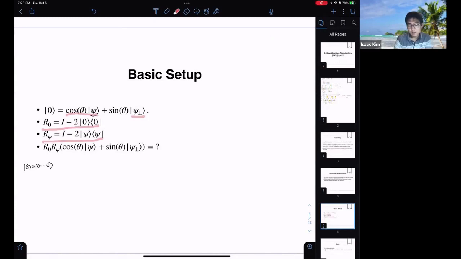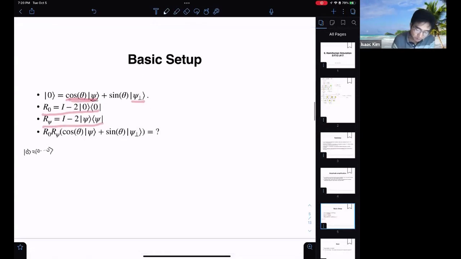So the question is, given these two operations, can we somehow amplify the amplitude of this psi over here? And the answer is yes. And I'll tell you roughly how this works. So the intuition behind this is the following.